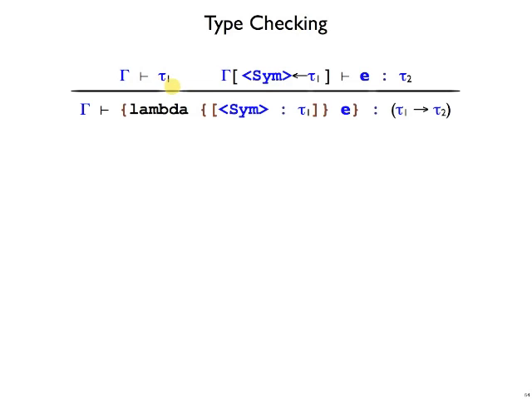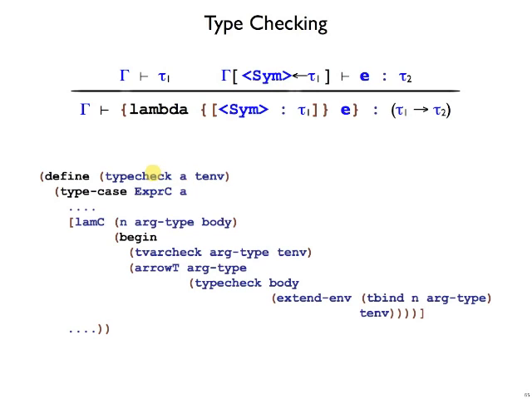If we wrote fruit, is it okay to write fruit? And when we implement type check, this adjustment is reflected by changing lambda to do everything it used to do, that's the arrow type here, but before that, just call tvarcheck to make sure that this type we wrote down, possibly fruit, is okay in the current type environment.